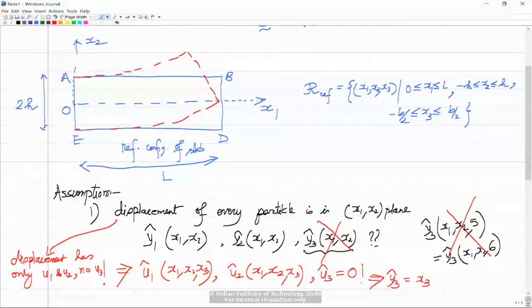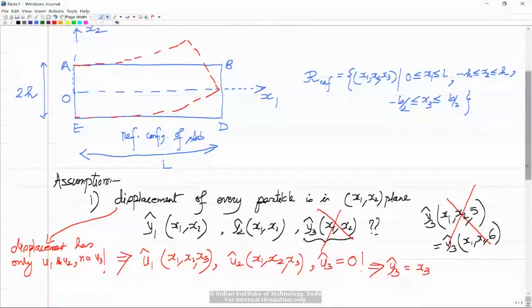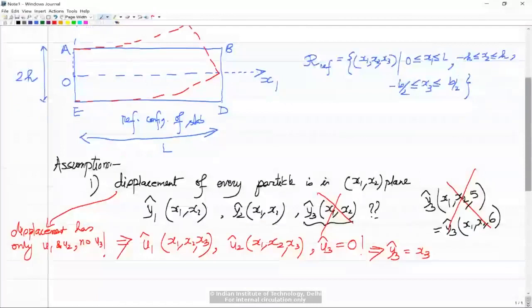Okay, that's the only restriction that we are getting as of now from this assumption. All right. Now let's look at another assumption that the book says. See, we are trying to learn how we can find out the formula of deformation given some physical assumption. So I hope all of you are with me.